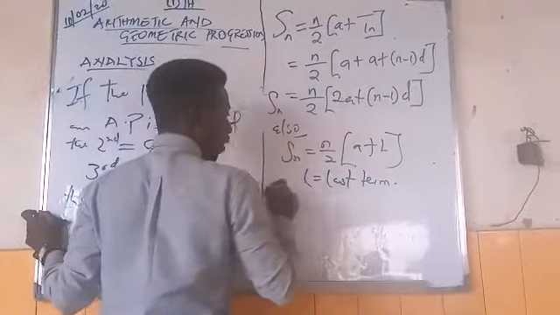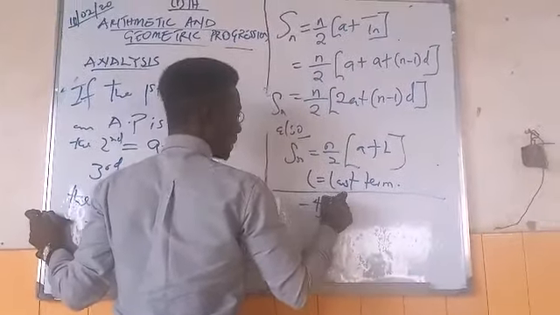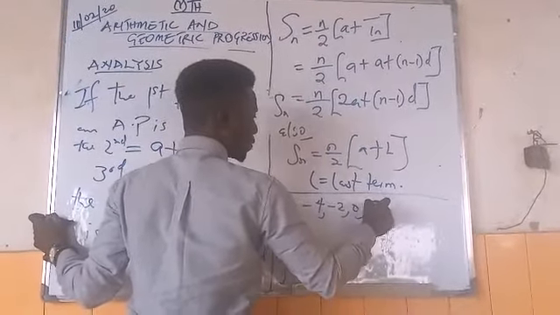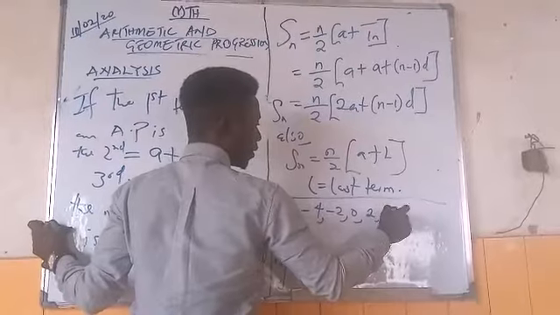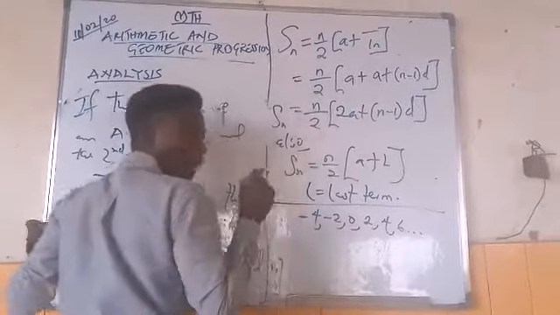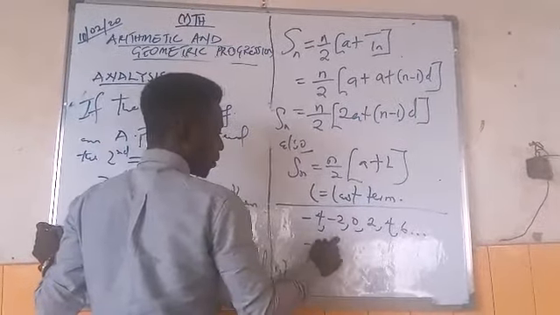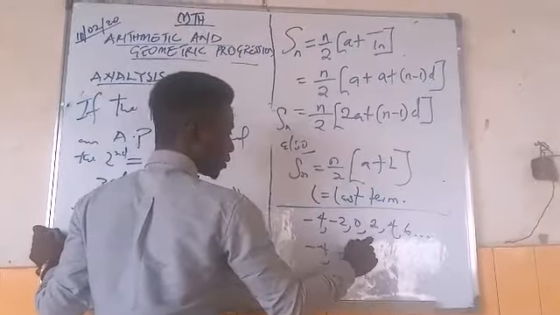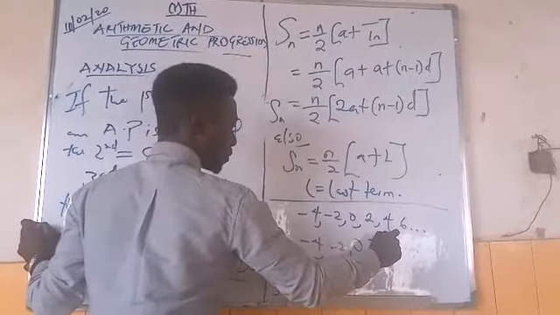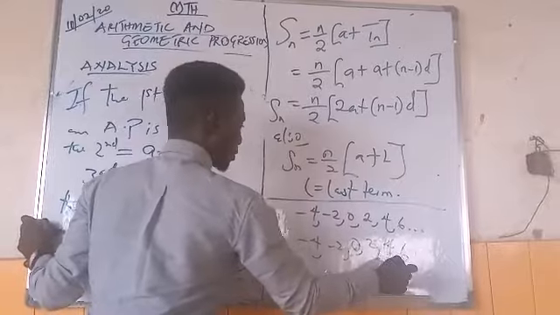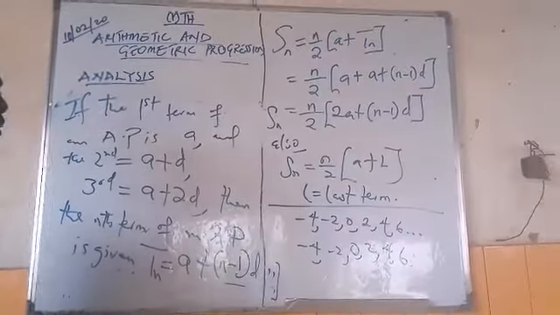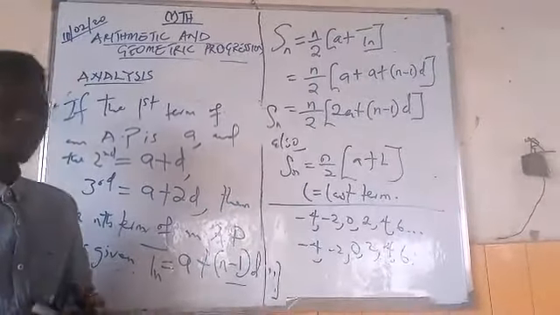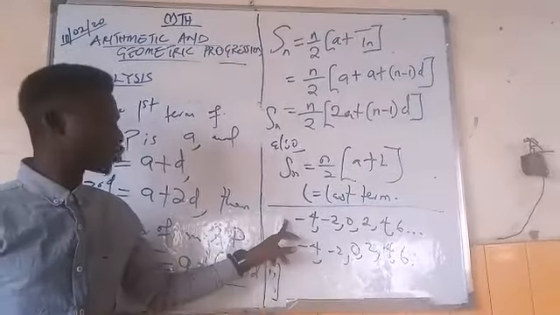Now, look at this situation. You have minus 4, minus 2, 0, 2, 4, 6, and you have minus 4, minus 2, 0, 2, 4, 6. Class, please tell me what is the difference between this and this?